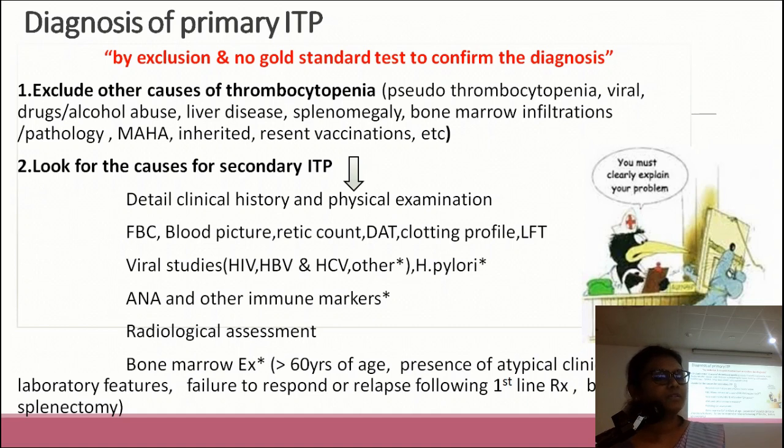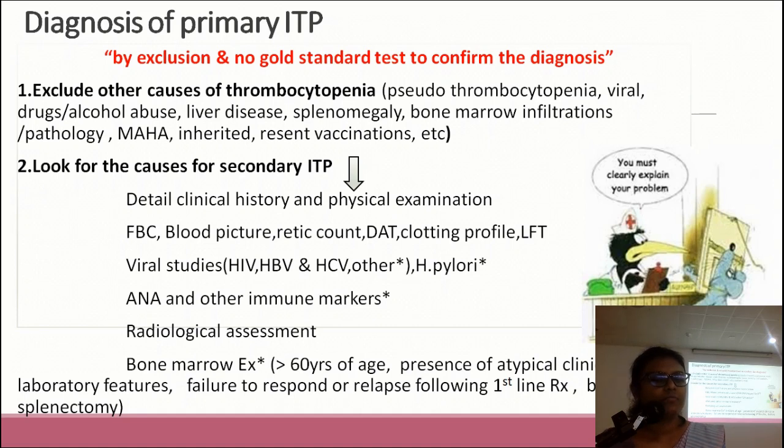Other pathologies like myelodysplastic syndromes, microangiopathic hemolytic anemias like TTP, HUS, DIC, and several other inherited thrombocytopenias, especially seen in children. Following some vaccinations, for example MMR vaccine, we have seen transient thrombocytopenias, sometimes chronic.